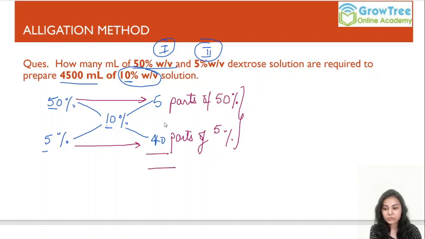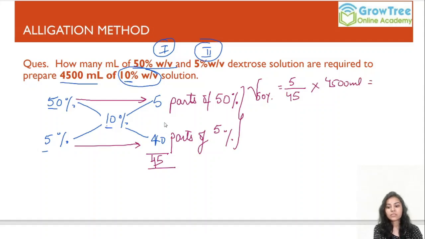So now we have got the ratio, and now we have to calculate the quantities. The total parts which we are having are 40 plus 5, that is 45. So we are going to use the unitary method for the calculation of the required volumes. So volume of 50% solution required would be 5 upon 45 into 4500 ml.